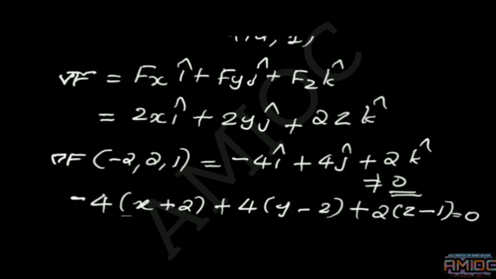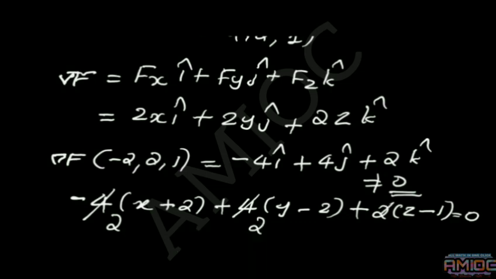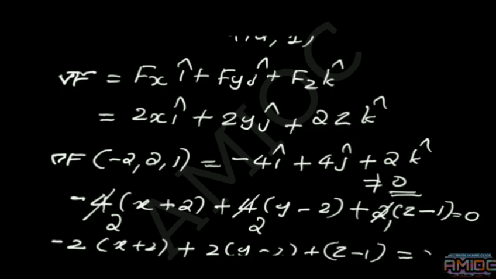Hence, cancelling 2 on both sides of the equation, -4 divided by 2 gives -2, 4 divided by 2 gives 2, 2 divided by 2 gives 1, and 0 divided by 2 gives 0. Therefore, the final equation will become -2 into (x plus 2) plus 2 into (y minus 2) plus (z minus 1) equal to 0.